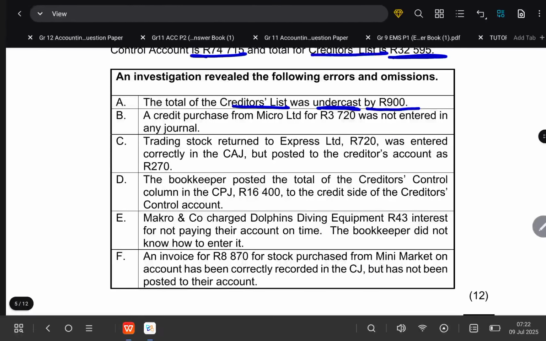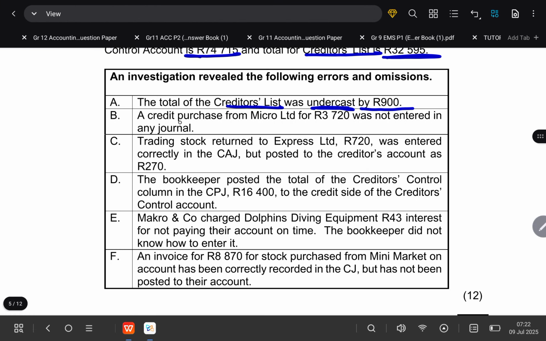Okay. And then the next transaction says that a credit purchase from Micro Ltd for 3,720 was not entered in any journal. So meaning that if it was not entered in any journal, it was not recorded in both the list and the control account, because we bought but no recording was done. So this is an omission, so we must record both sides.